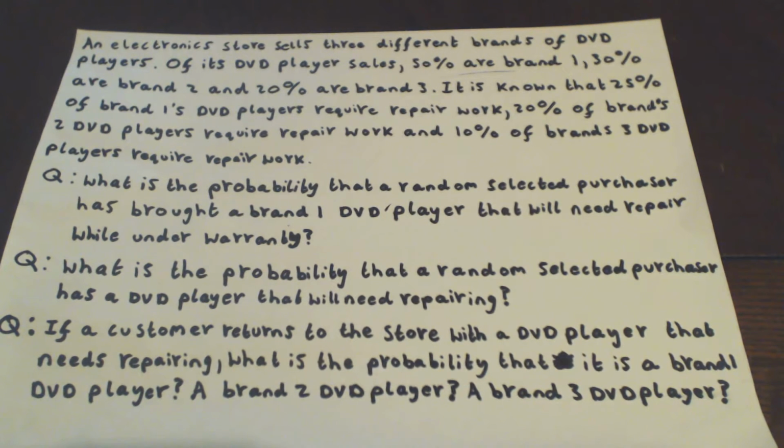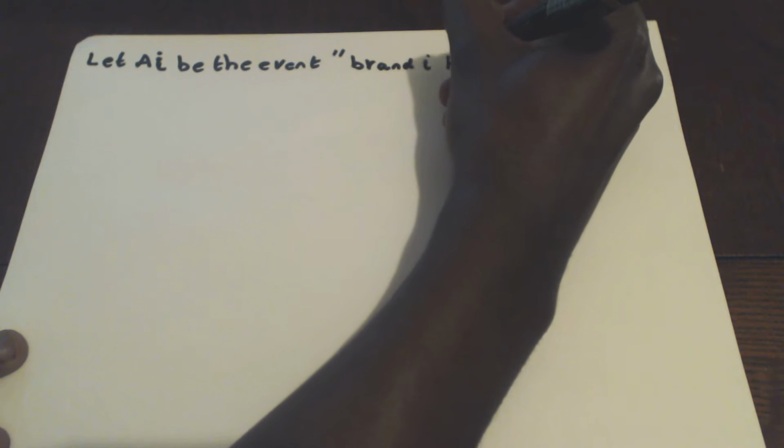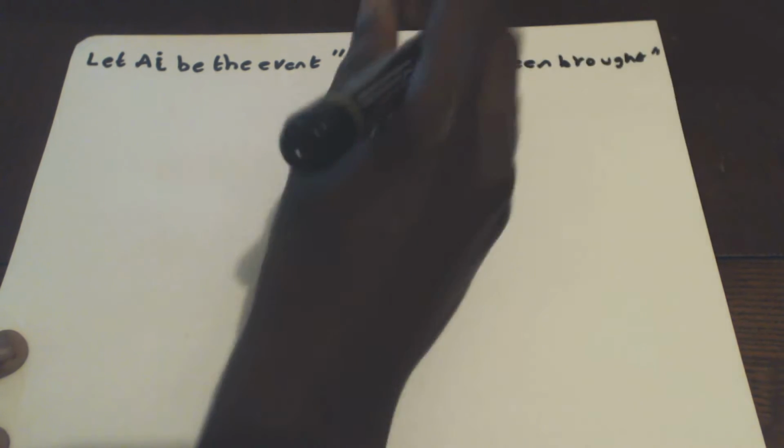Okay, so let's define some events. I've got brand 1, brand 2, brand 3, and each of them needing repair. So we're going to let A_i be the event brand i has been bought.